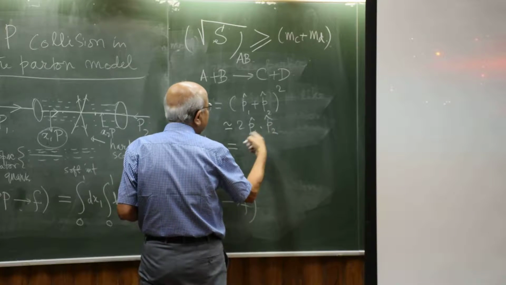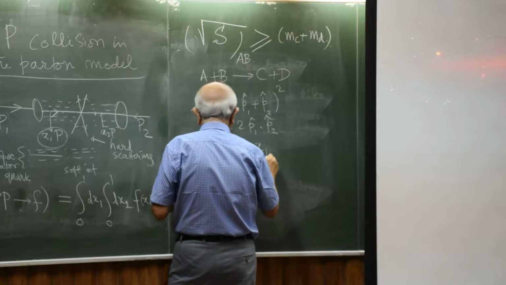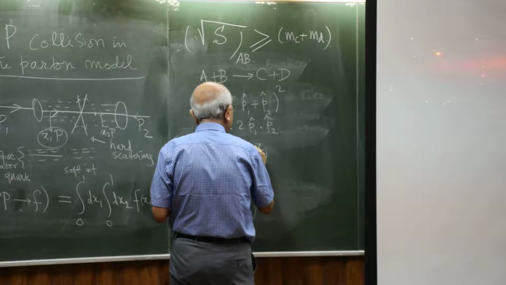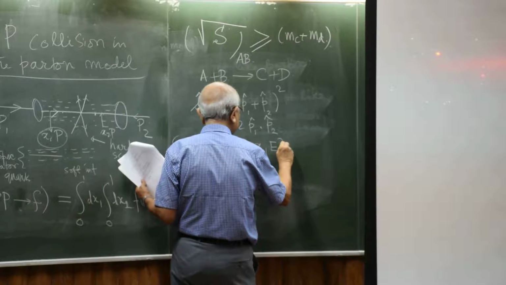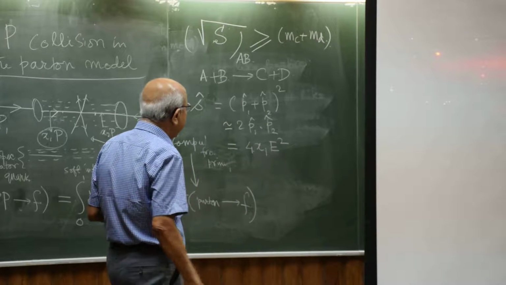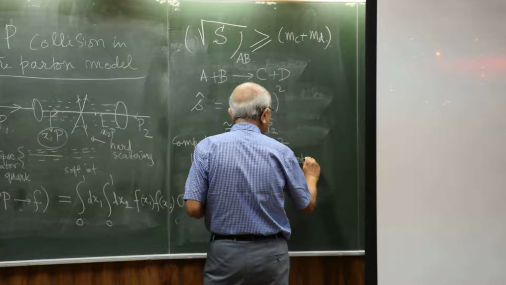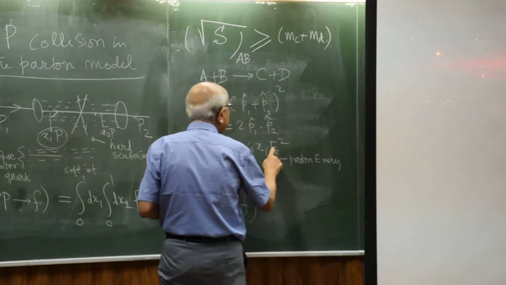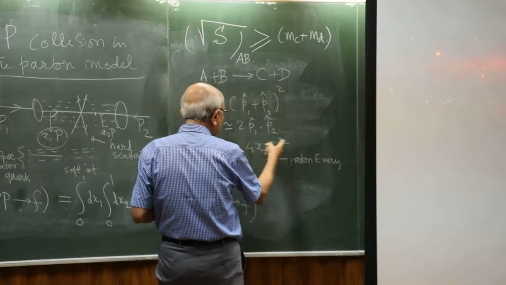You do a little exercise in computing this 4-vector dot product, and you will find that this is equal to 4 x1 x2 E squared, where E is the proton energy. Now this 4E squared is actually the S variable for the 2 protons.